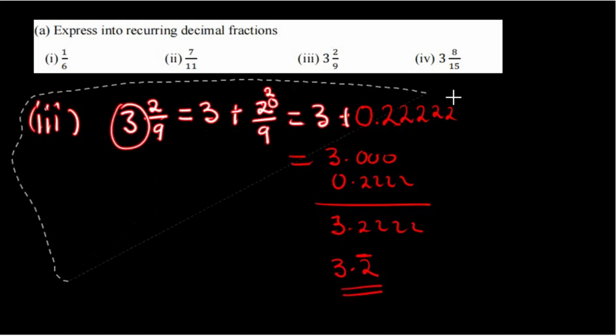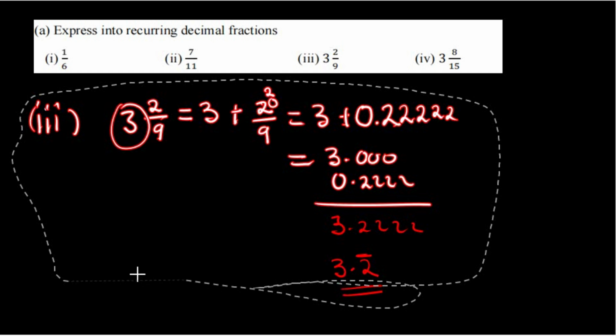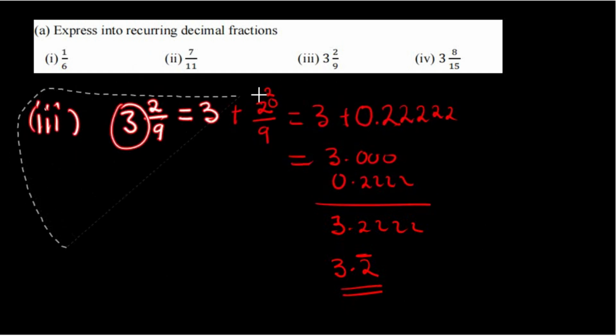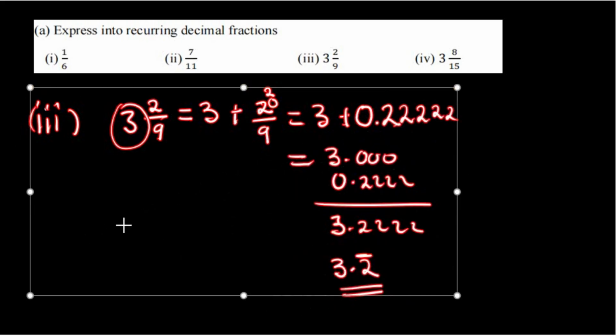Okay, now let's move to number 4. On number 4, we have 3 and 8 over 15. As I said, the shortcut way is to say 3 plus 8 over 15.